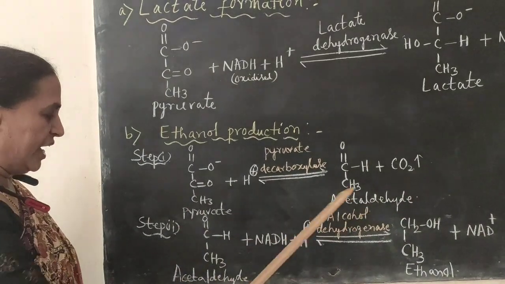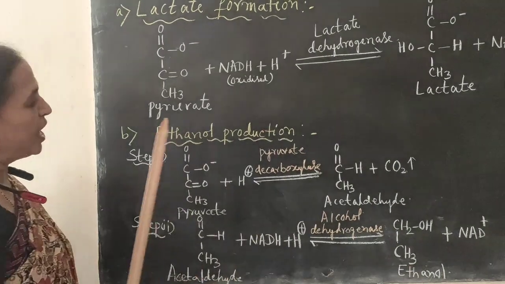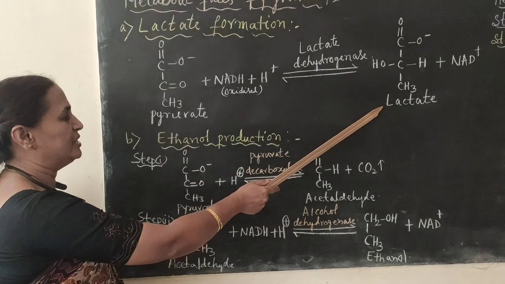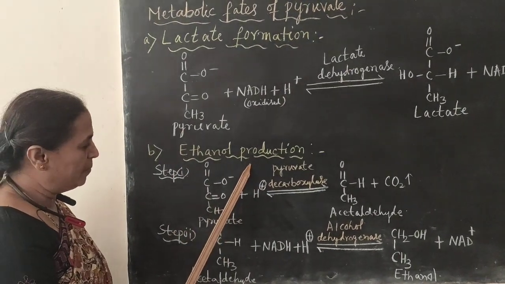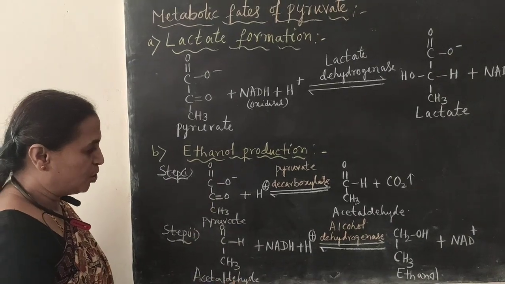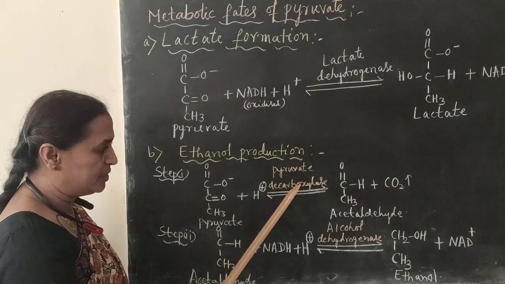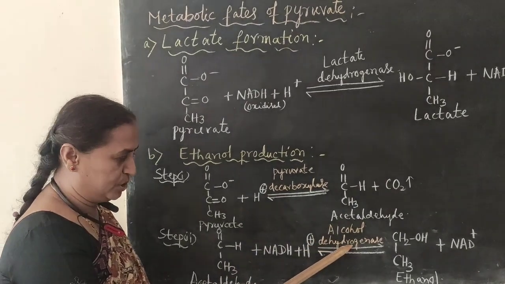So this is another metabolic fate of pyruvate. One is formation of lactate by the reduction of pyruvate, another is the production of ethanol by the reduction of acetaldehyde. Two enzymes are required, pyruvate decarboxylase and alcohol dehydrogenase.